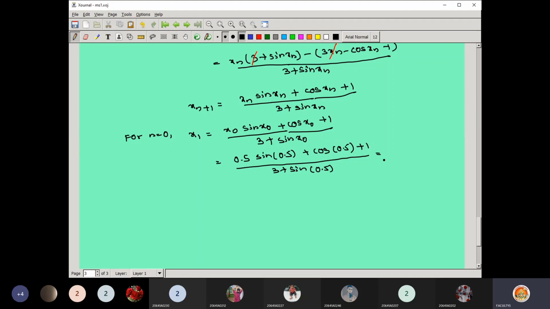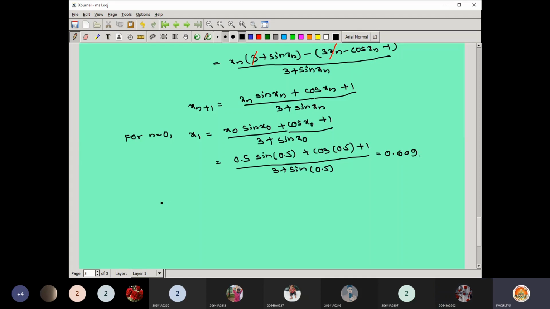So finally, how much are you getting? 0.609. This is the first approximate root.